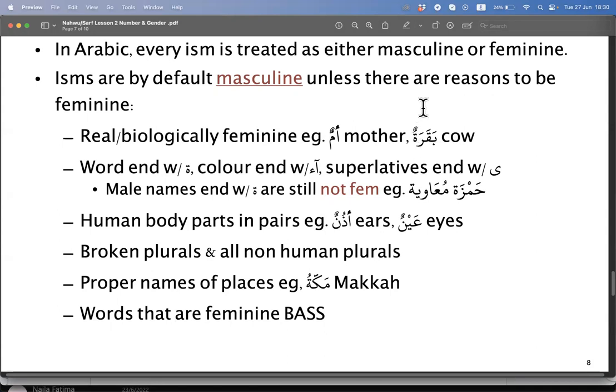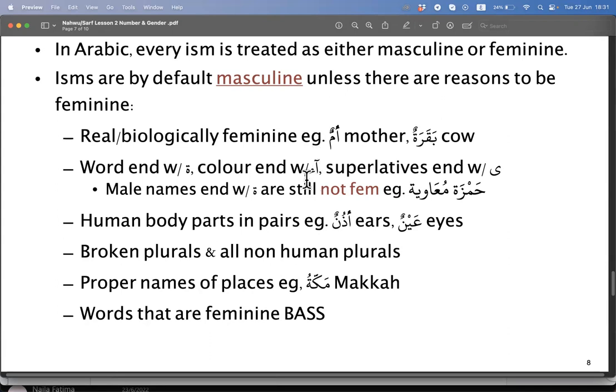Even in animals, we have different words for feminine animals. So all your real feminine, whether it's people or animals. Clear?